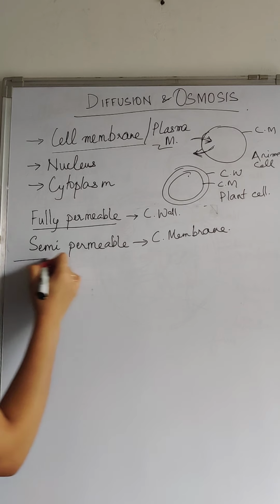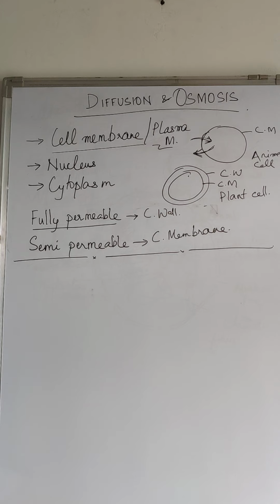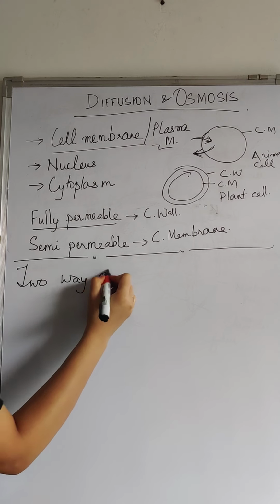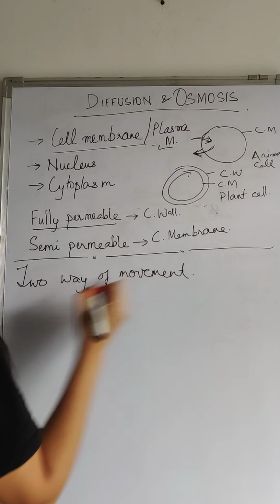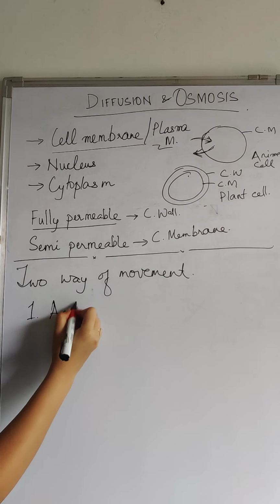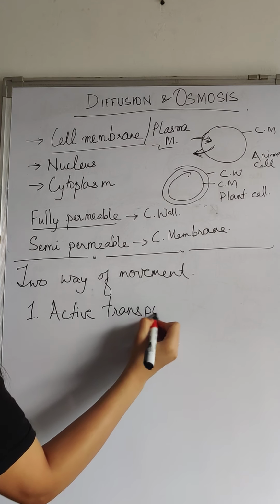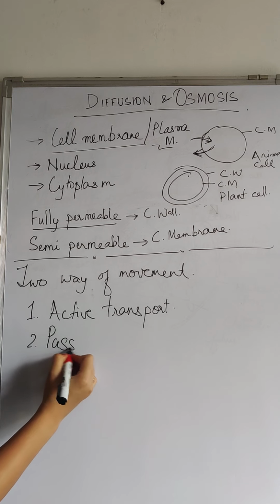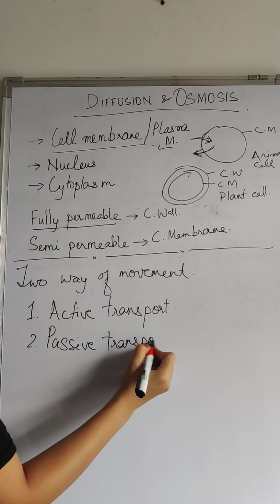Okay, right. Now let's see how this movement takes place. There are two major ways of movement of material. The first one is active transport, and the second one is passive transport.